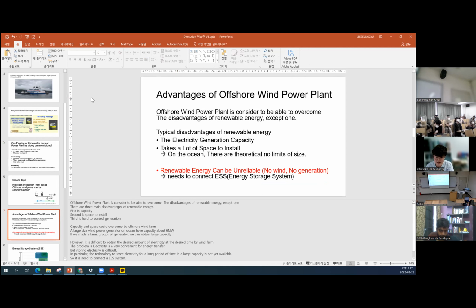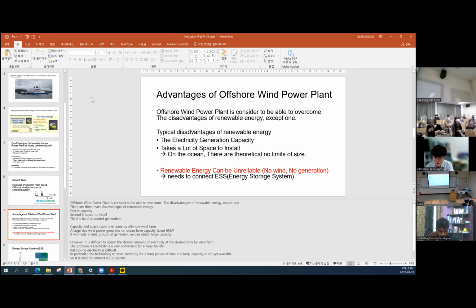The typical disadvantages of renewable energy are, first, capacity: the capacity is small. The second is the space to install. The third is that it is hard to control electricity generation. Capacity and space can be overcome by offshore wind farms.